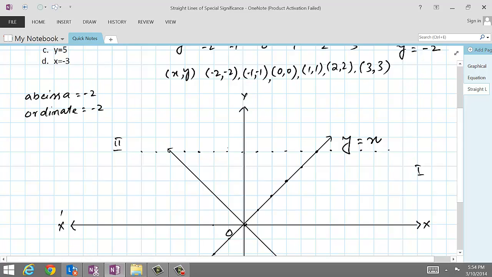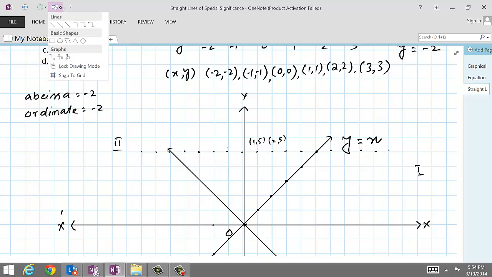If you take this, this is 0, 5, this is 1, 5, this is 2, 5. So if we write these points 1, 5, 2, 5, and similarly all the points on this line have y equal to 5.